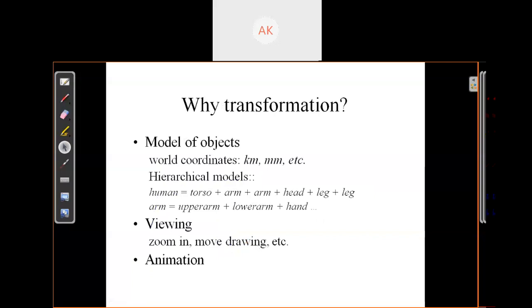We generally use transformation for animation, meaning how we can manipulate our object position from one location to another location.